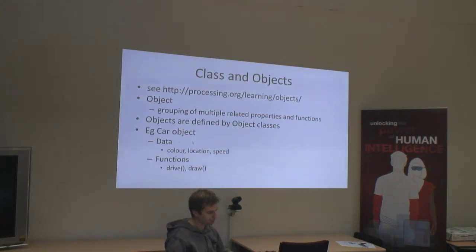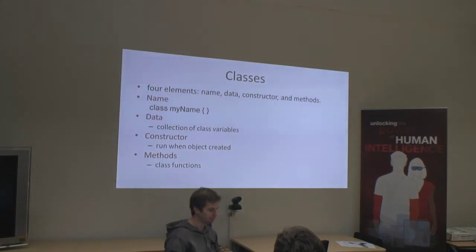Or using cars, every car has a color, a location, a current speed, and every car has a drive function. Otherwise, it's pretty useless. And because we're talking about graphical programming, we might have a draw function, so we can draw the car on the screen or some information about that car on the screen.